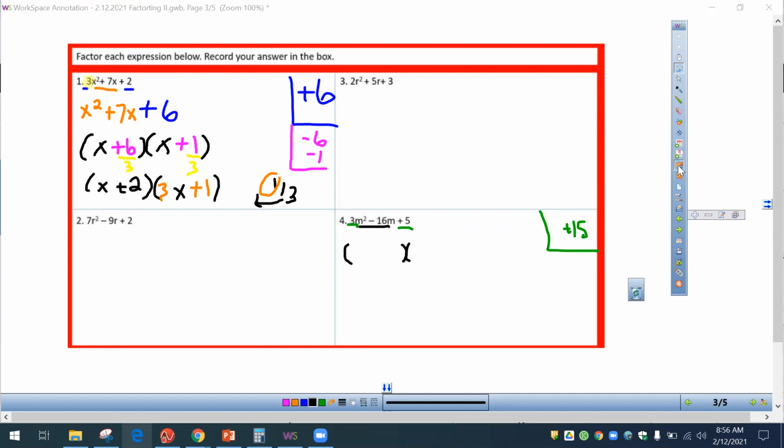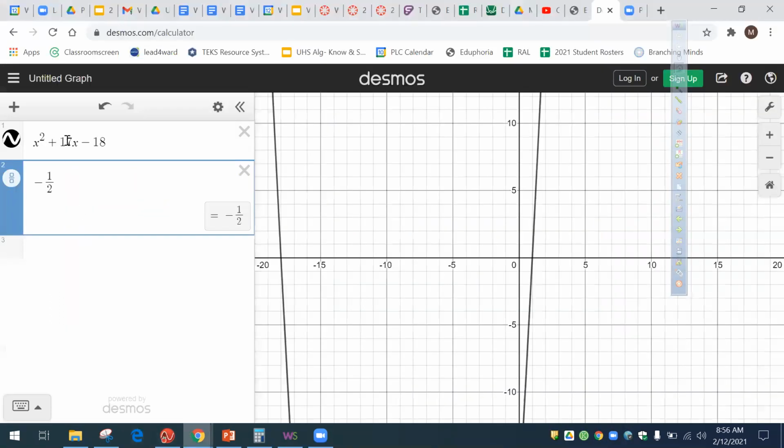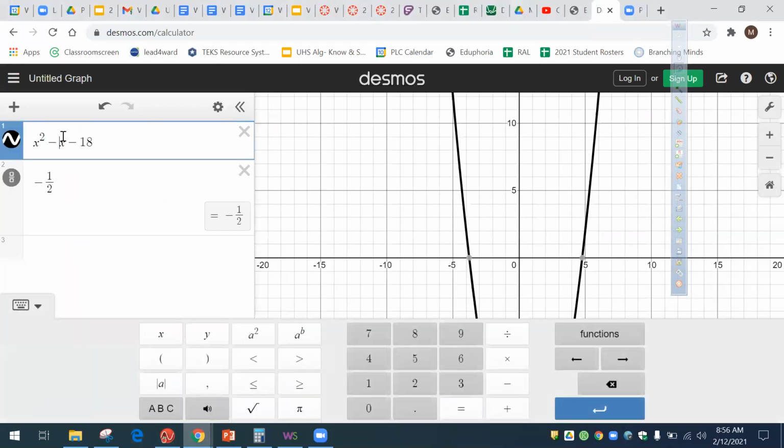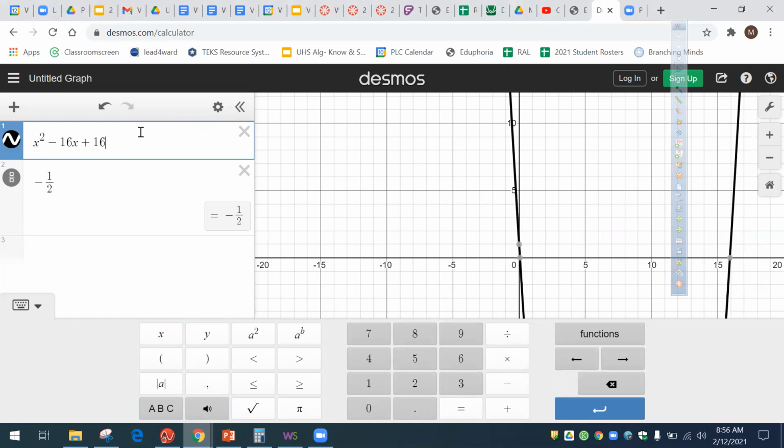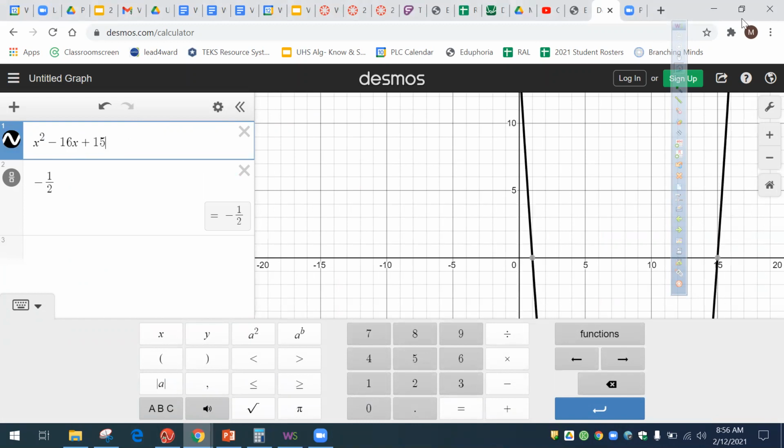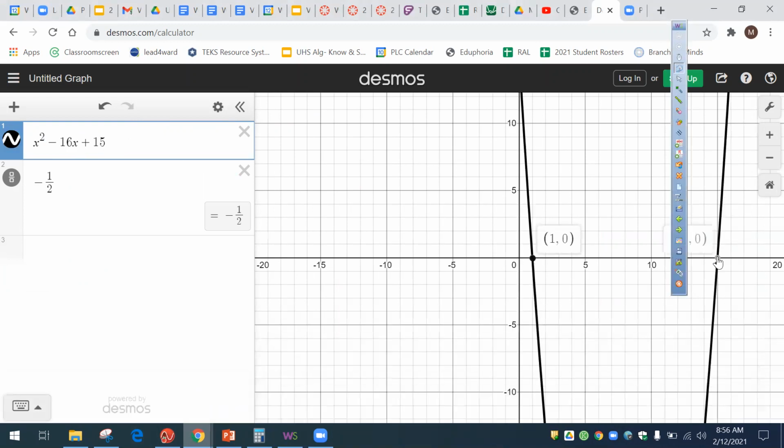Make sure you drop that down and change those to x's. And then you'll put that plus 15. Then you'll graph that, which is negative 16 plus 15. You'll get 1 and 15.